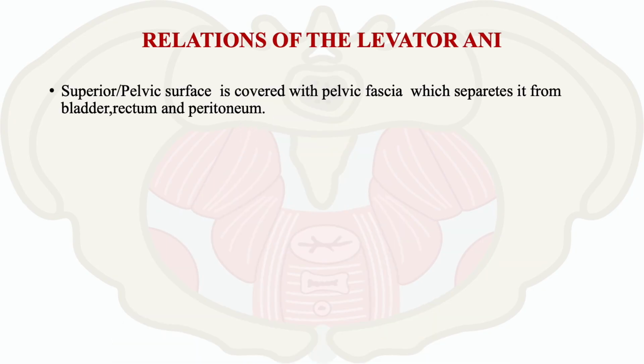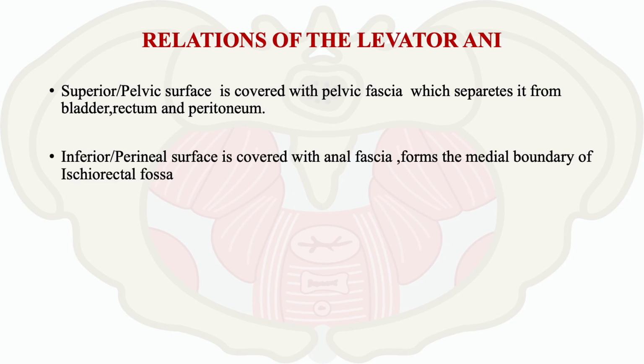Okay, so relationship of levator ani. Now the superior or pelvic surface is covered with the pelvic fascia, which separates it from the bladder, the prostate, the rectum, and the peritoneum. The inferior or perineal surface is covered with anal fascia and forms the medial boundary of the ischiorectal fossa.